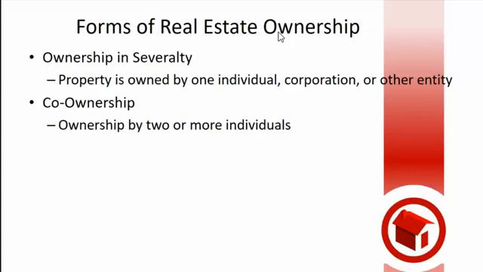It sounds like the word several, which means many, but the base word is sever. You are severing yourself from the rest of the public by becoming the sole owner of a piece of property.